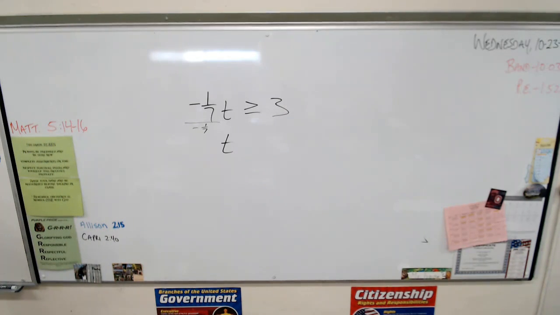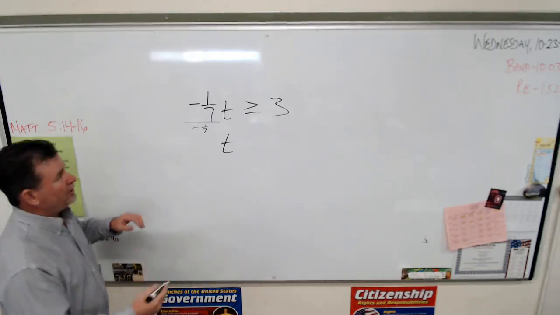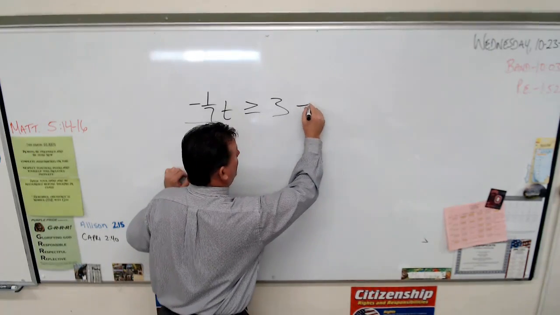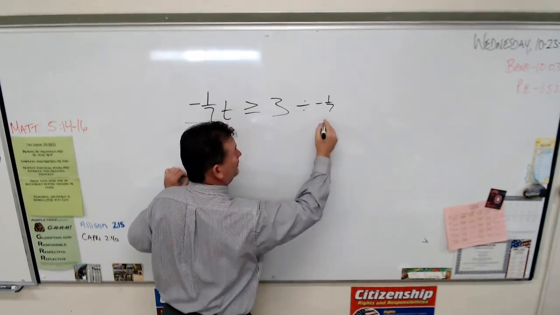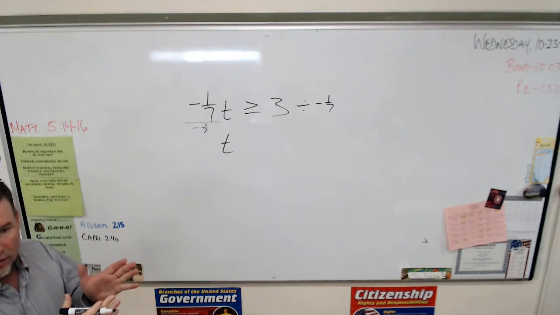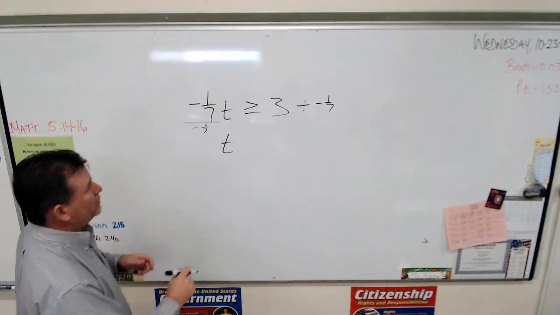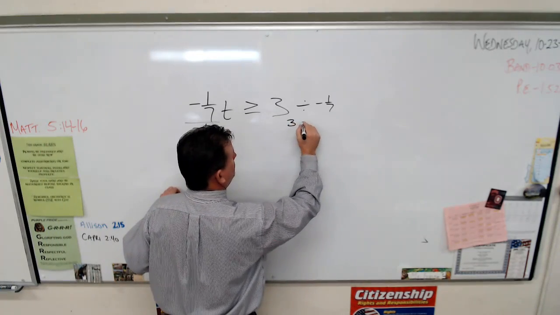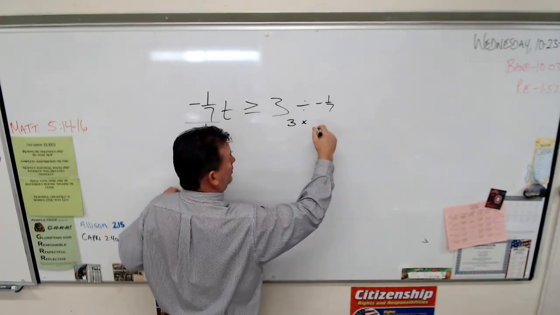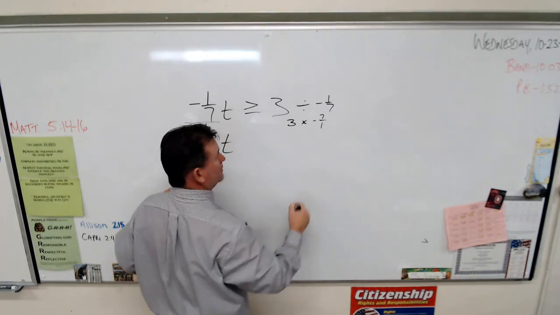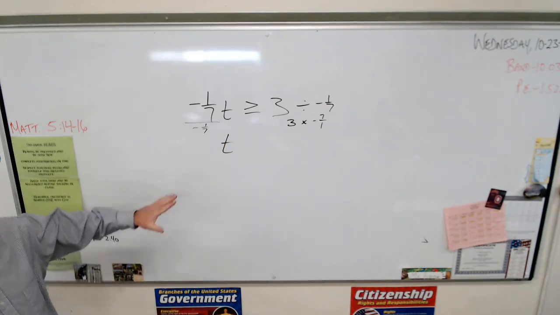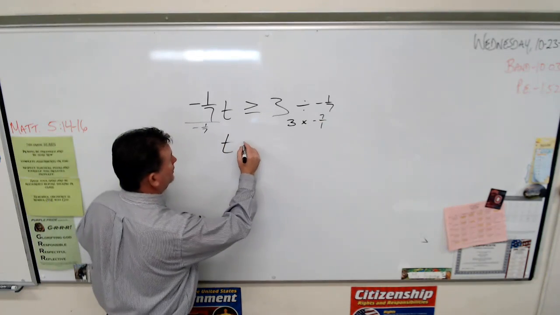So 3 divided by negative 1/7: when you're dividing fractions, you never actually divide, you multiply by the reciprocal, negative 7 over 1. So that becomes 3 times negative 7.